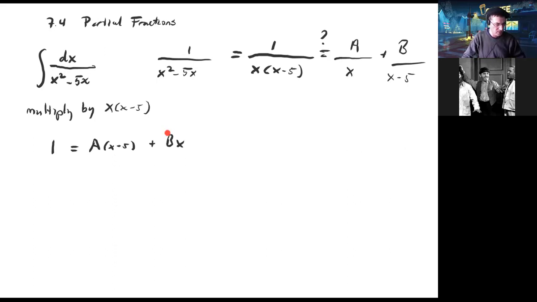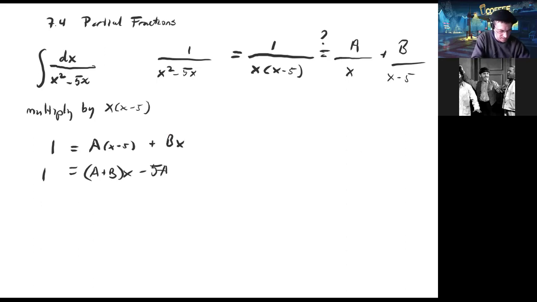So one way to solve the problem is to rewrite it as, so what is this? This would be a plus b times x, and then minus 5a. Now, that's supposed to be equal to 1, and these are both polynomials on both sides of the equation. So that would say that their coefficients must be equal.